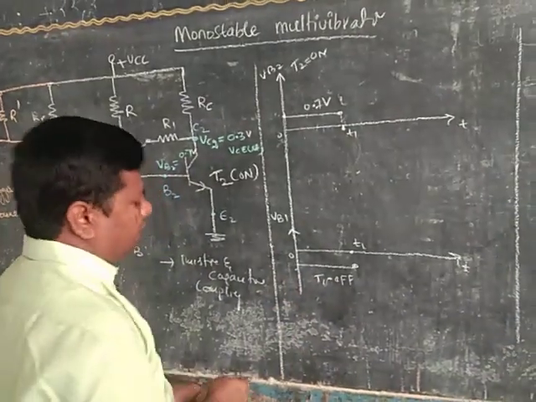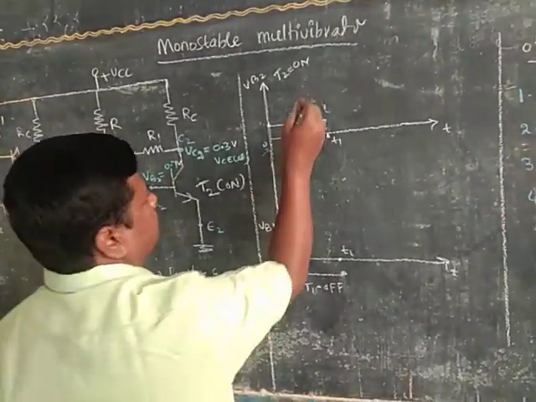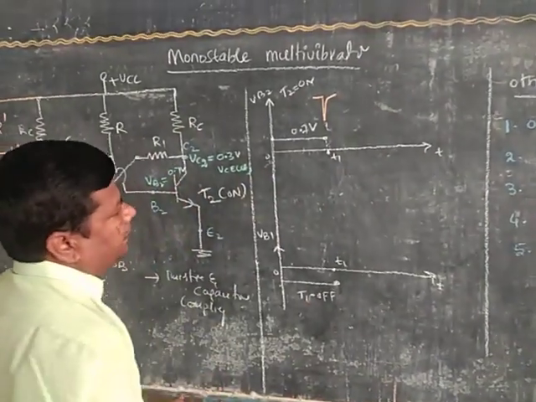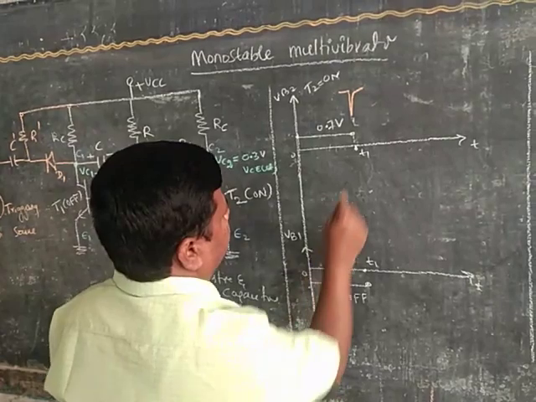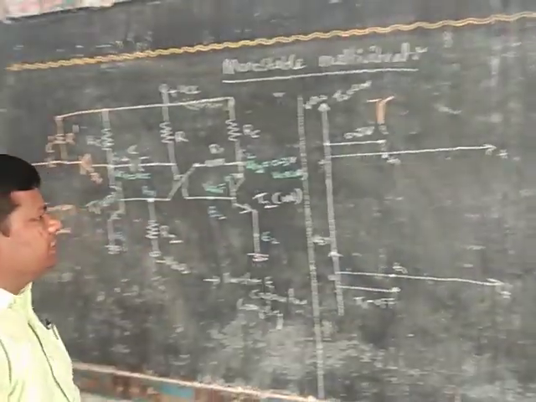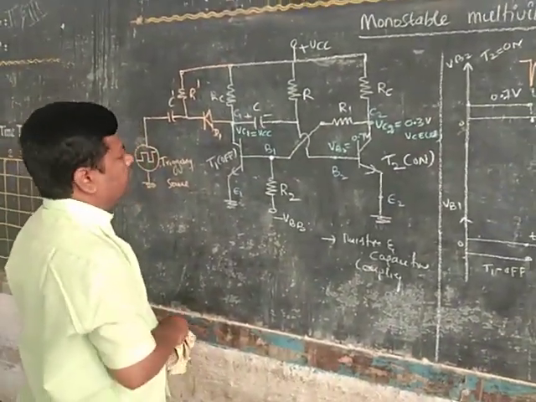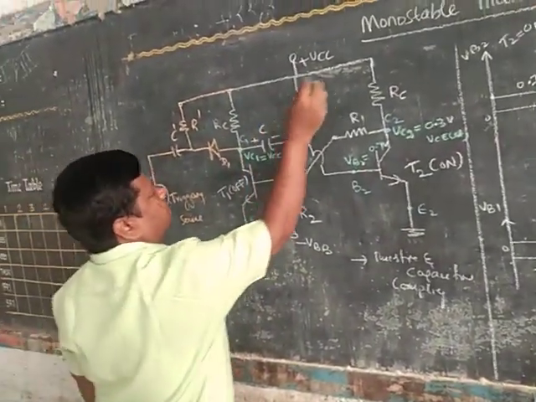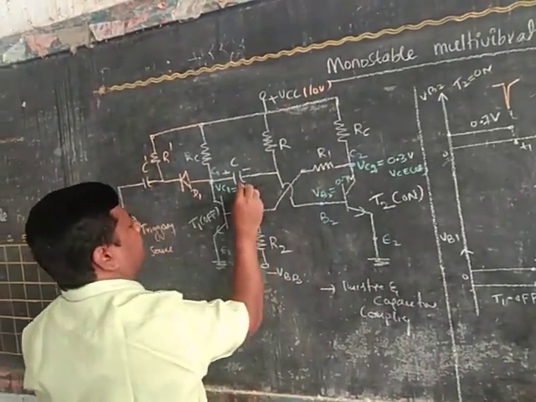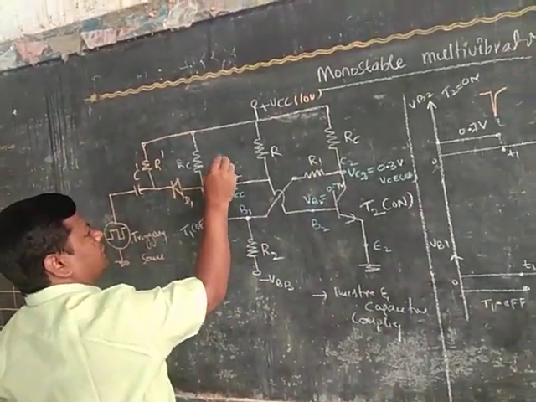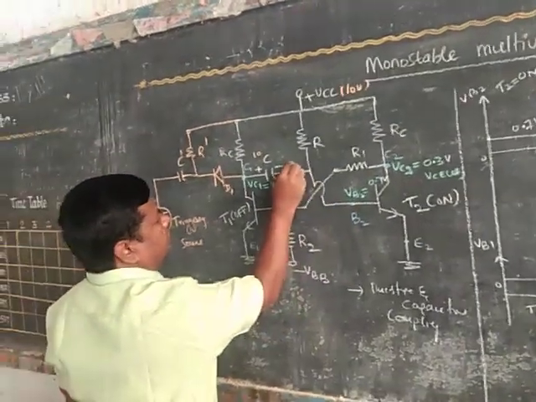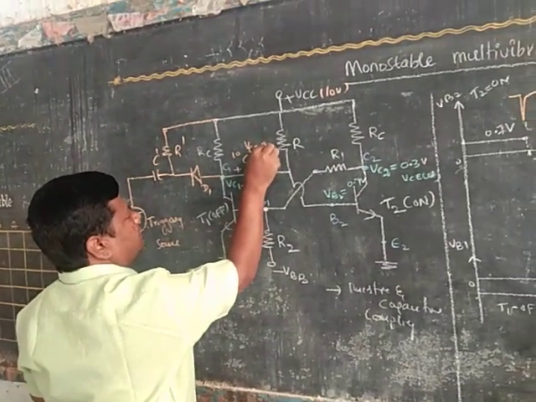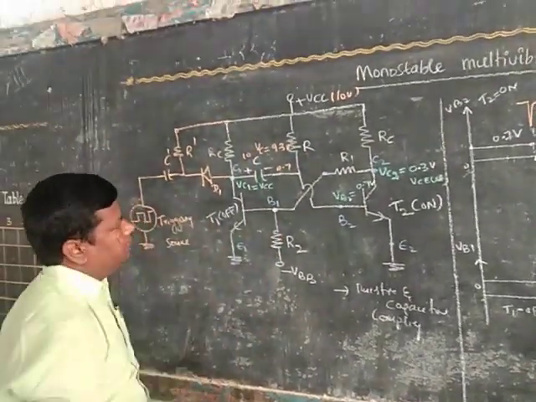At t equal to t1, we apply a negative going trigger pulse. Before that, the capacitor voltage: suppose VCC is 10 volts. Here the capacitor voltage, here 10, here 0.7. Then the voltage across the capacitor VC is equal to 9.3 volts.